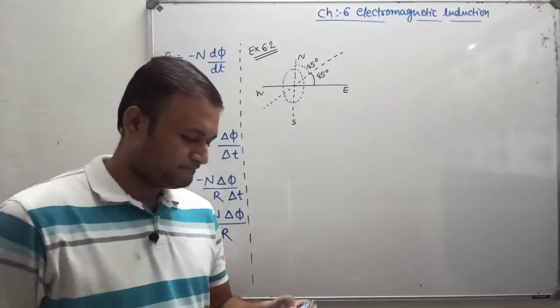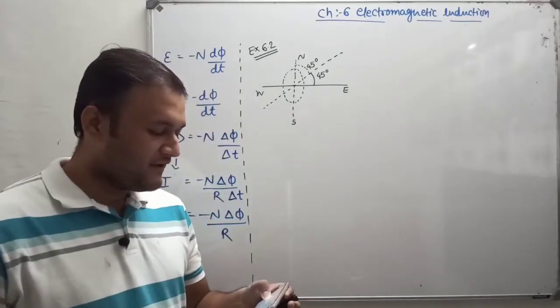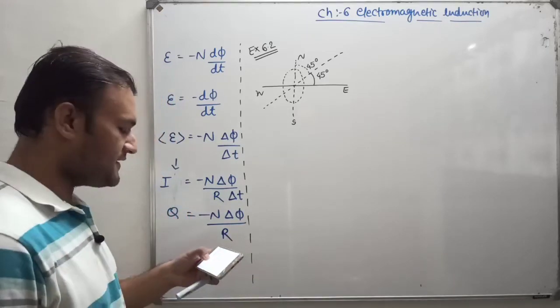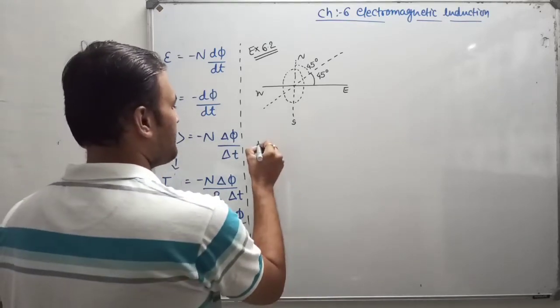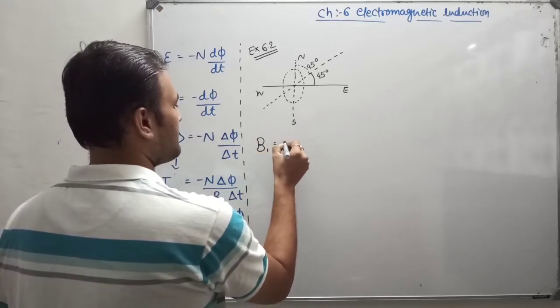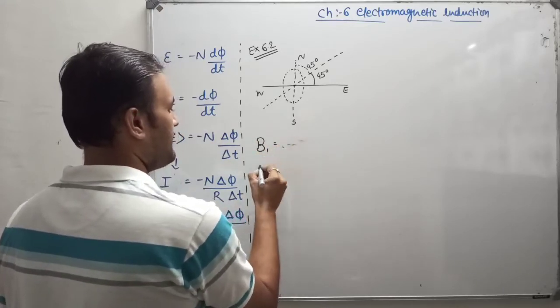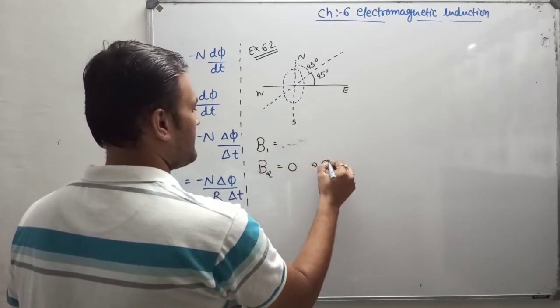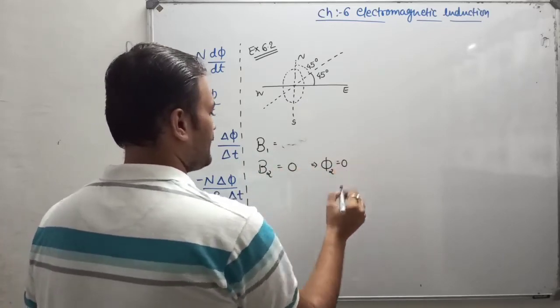Right now, the magnetic field is decreased to 0 in 0.70 second at a steady rate. Here B1 is equal to some magnetic field, and B2 is equal to 0. So phi 2 is equal to 0.